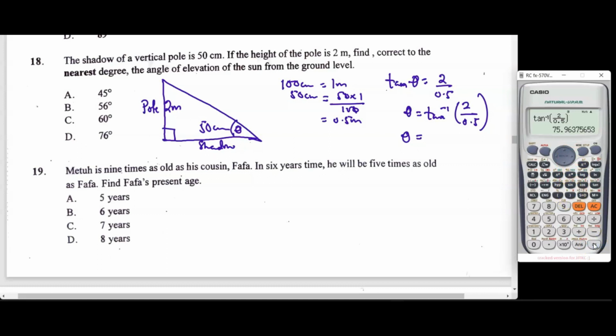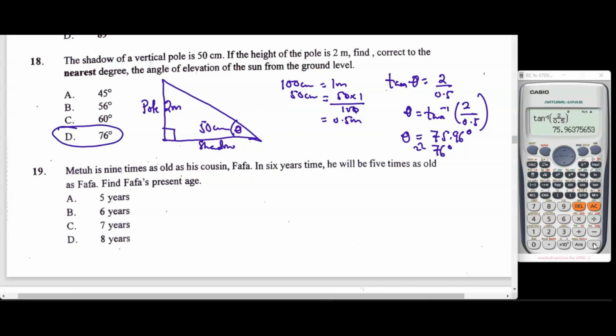So in doing that, we have the answer as 75.96 degrees, which is approximately, to the nearest whole number, 76 degrees. And that is possible answer D.